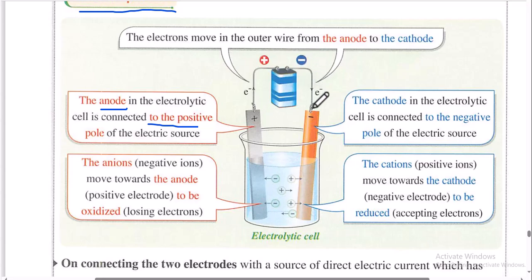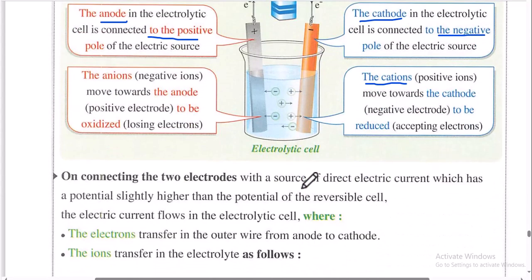The other electrode is connected to the negative pole of the electric source and acts as the cathode, where cations go toward it. Cations, positive ions, go to the cathode and are reduced, meaning they accept electrons.